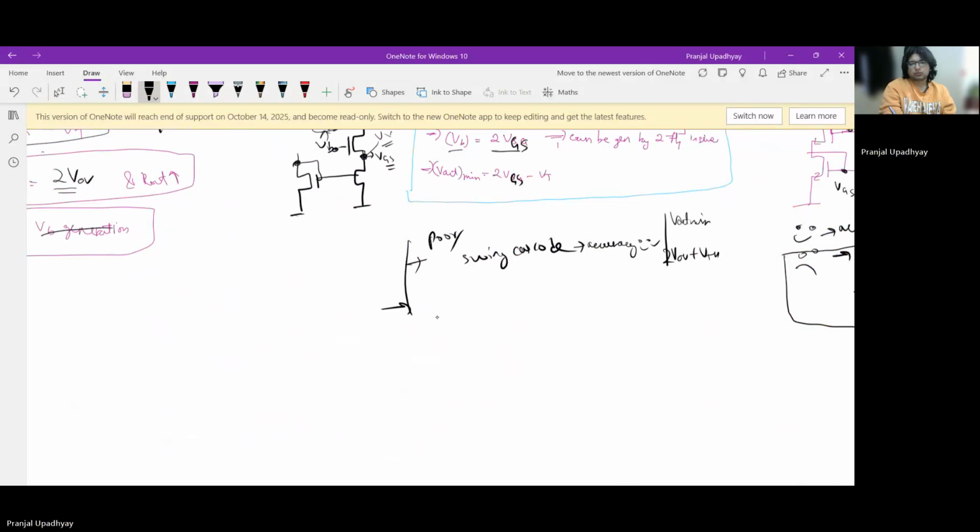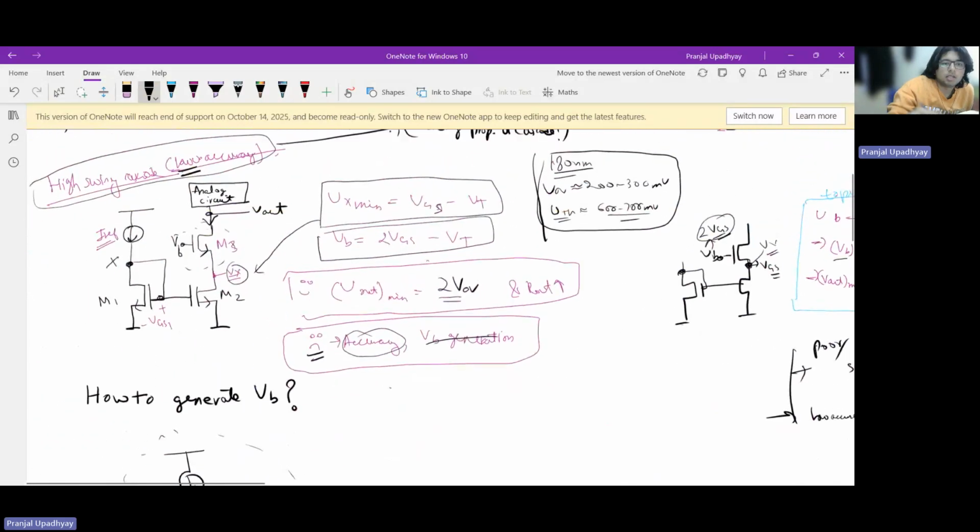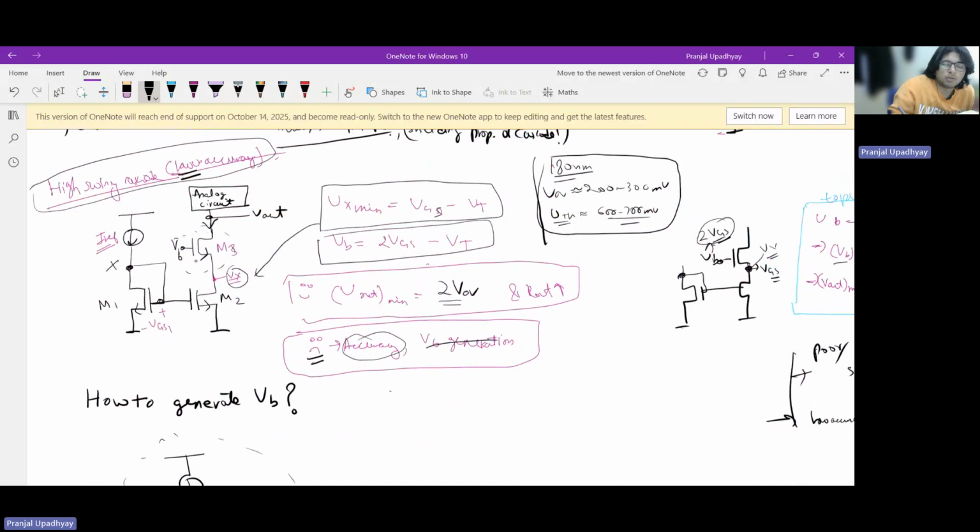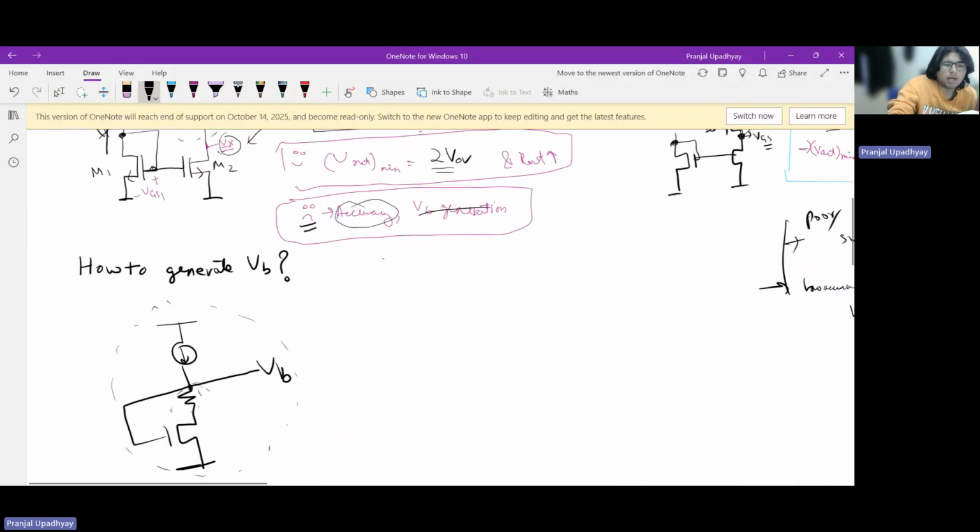And in the low accuracy cascode, which was also high swing, we had V out min limited only by twice V overdrive, right? So the main idea here is that there are various ways to generate VB, in our quest to ensure that this node voltage, Vy, equals Vx. And we'll come back to it.